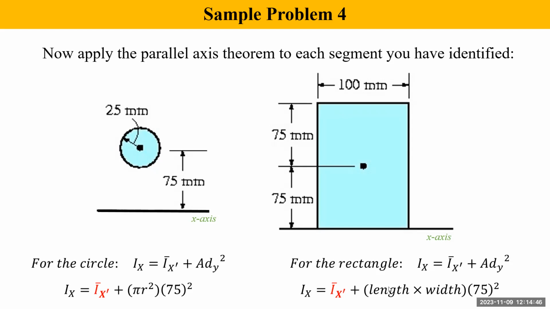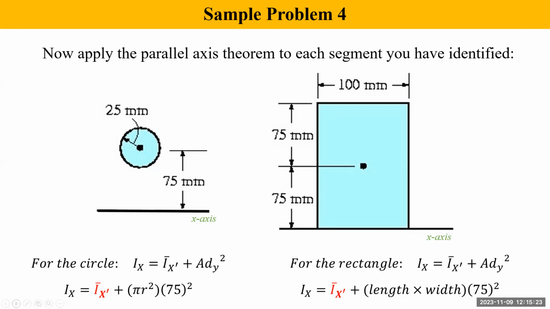You find the area, which is length times height, because it's the height we're dealing with here. Some people will say the breadth and the depth, same thing. That would be 100 times 150 for that section. And for the parallel axis theorem, the distance from the x-axis to the center of the figure, always to the center of the figure, is 75 also. So you square the 75. All right, let's go to the next slide to see how it's developed.